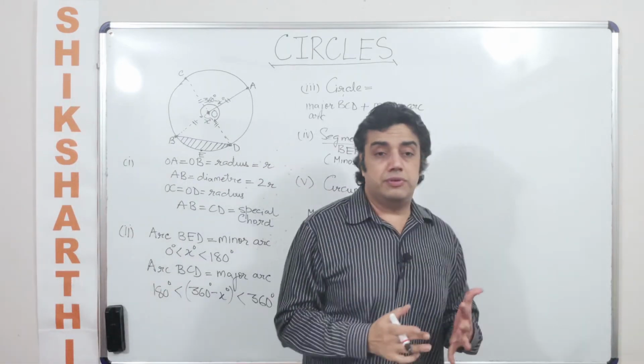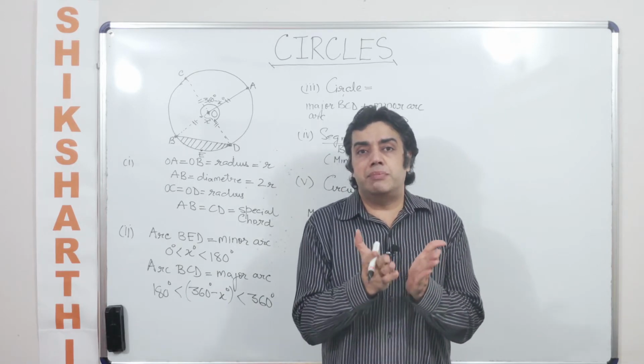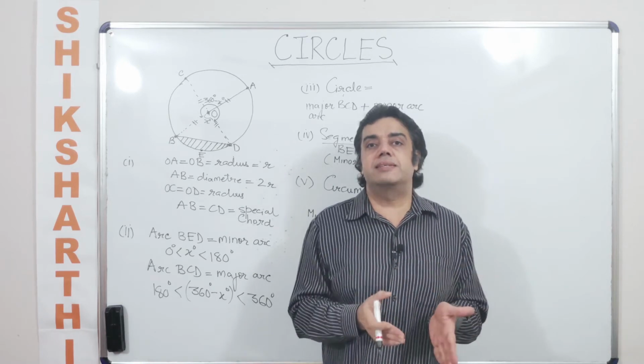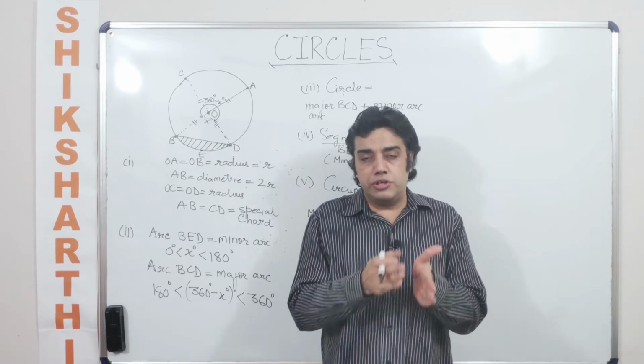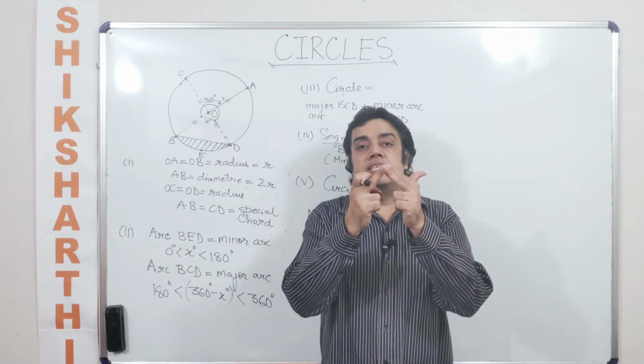What is the definition if somebody says this is the angle made by the minor arc? The minor arc angle is nothing but the angle subtended by the minor arc, or the chord resulting out of the minor arc, at the center.